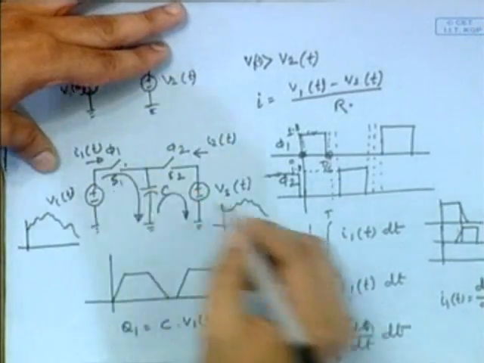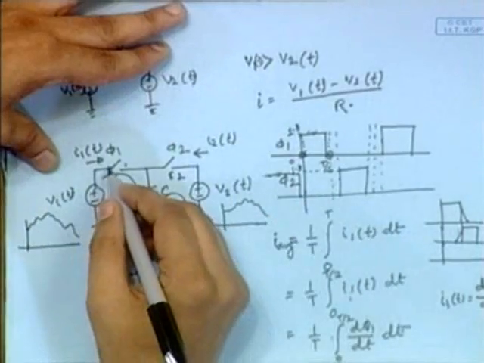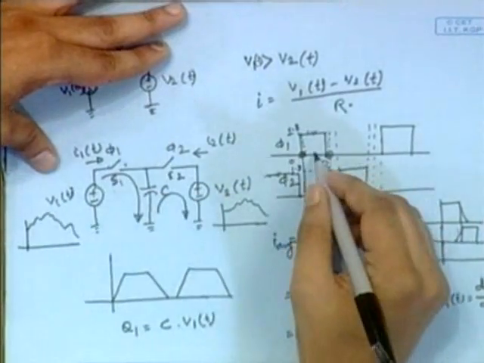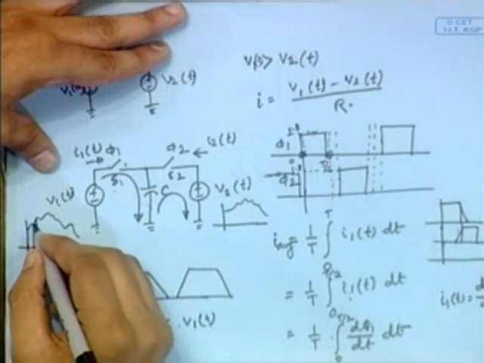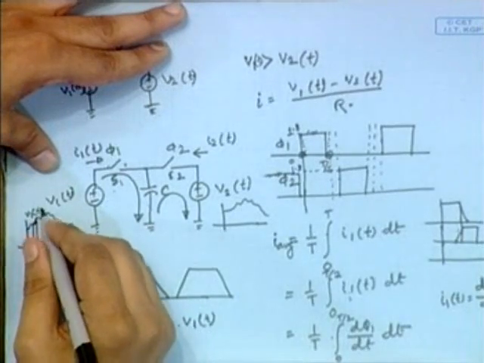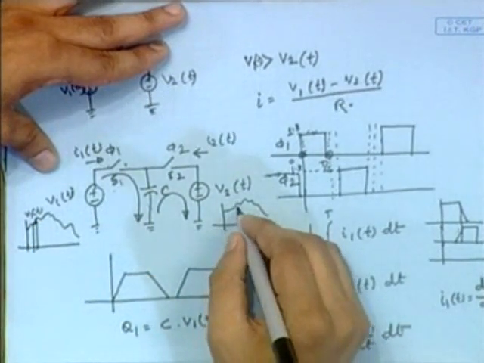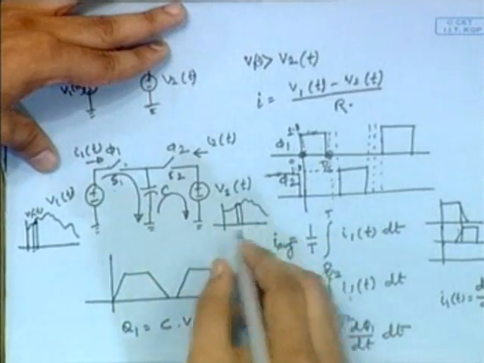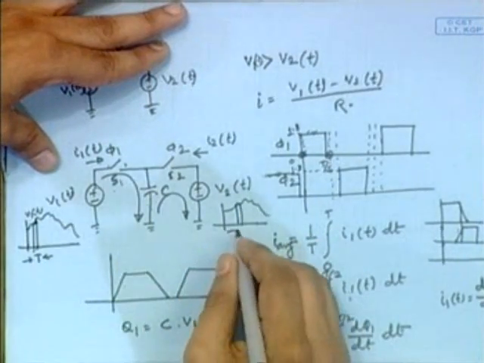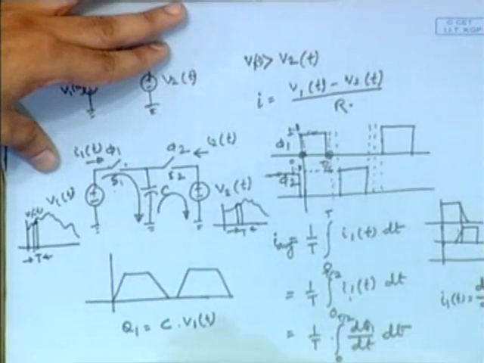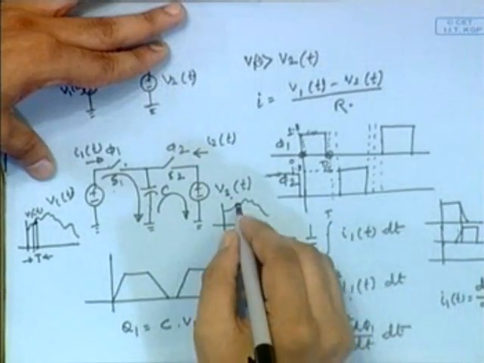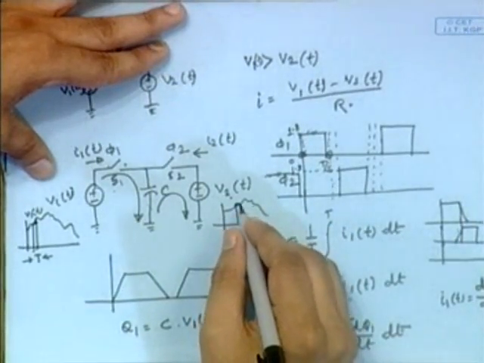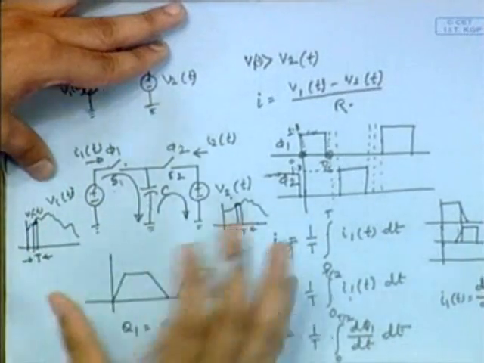Now the frequency of these clocks is so high that for a small time interval V1 does not change. At the same time, V2 also does not change for that duration, this T. We are considering that during this process, this V2 voltage and at the same time V1 voltage are constant for that duration.